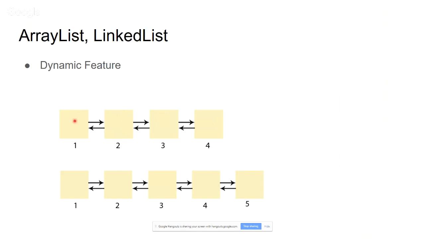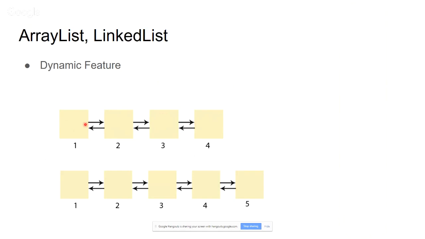Every node makes reference to the next node and the previous one, except for the tail with the next one, and the head with the previous one. So every node has the address of the node before or the node after it.